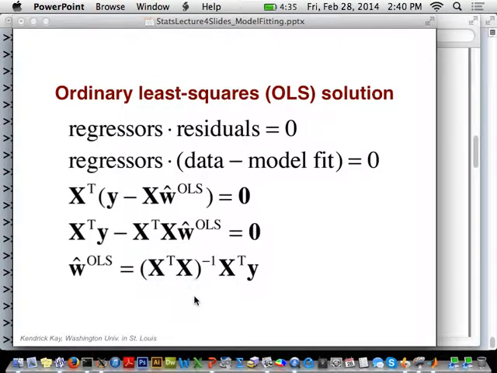You take the inverse of this big matrix, and then there's just another transpose. So there's a series of simple matrix operations that you can do to compute the optimal weights for a linear regression problem.